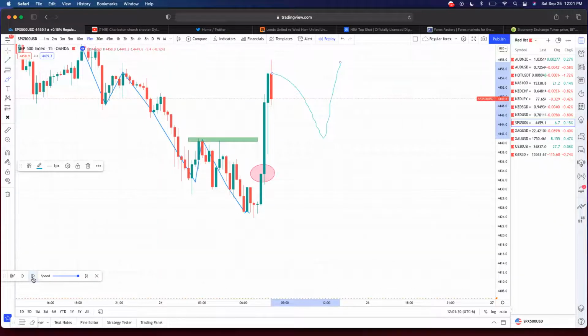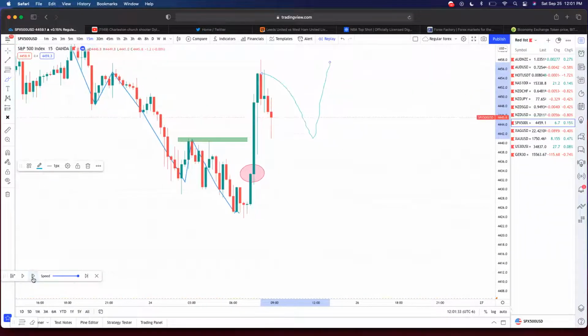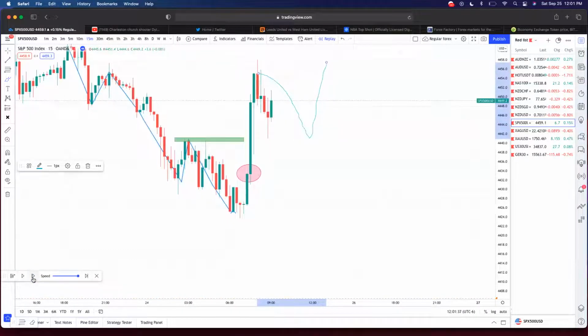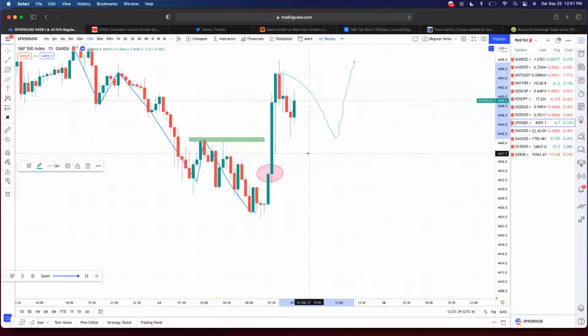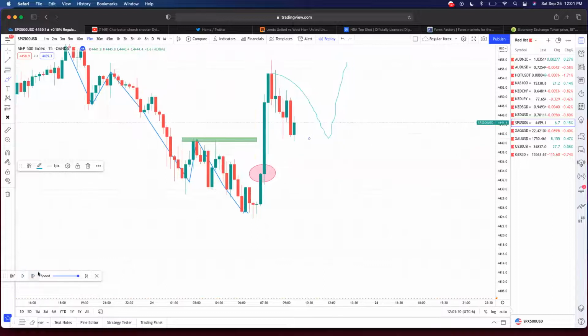Okay, so what happened? And this happened on FRX Live too. So guys, as you can see, price came into that structure and this was that retest right here. And it came again one more time to that area of structure.